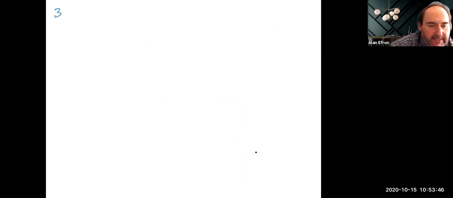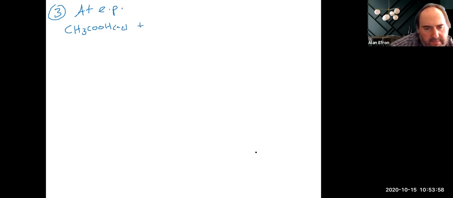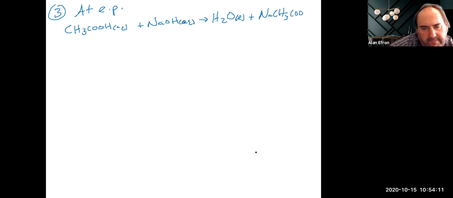In this type of titration at the equivalence point, we're still going to have our reaction, which in this case is our acetic acid, which is our weak acid, plus our sodium hydroxide, which is our strong base, going to give us some water and sodium nitrate.